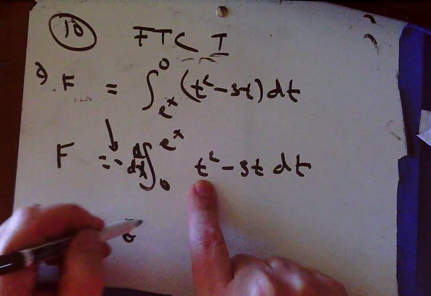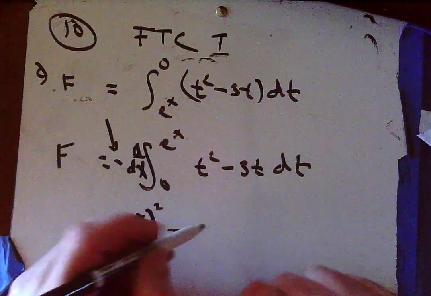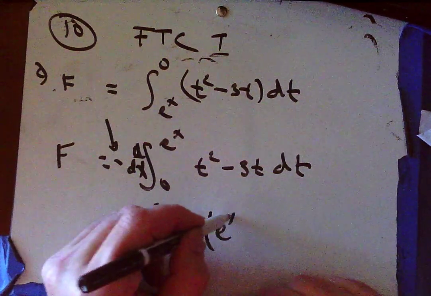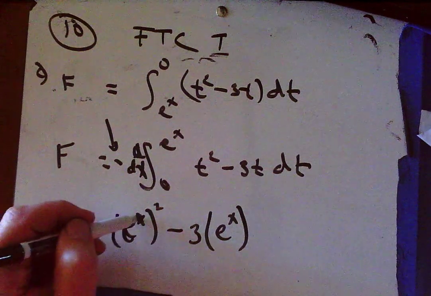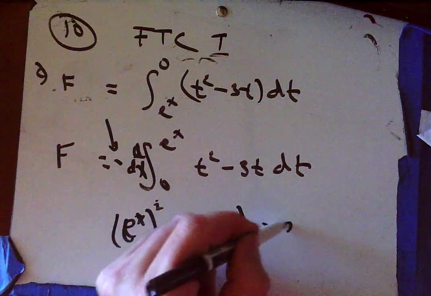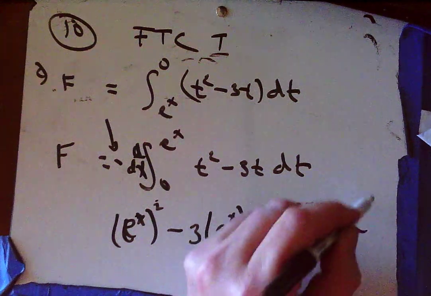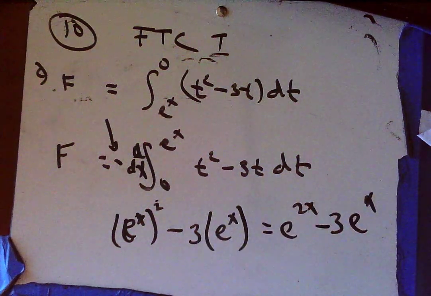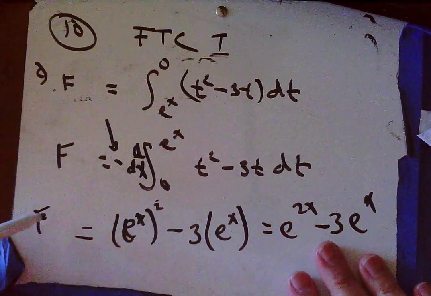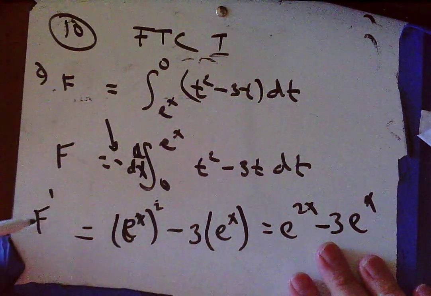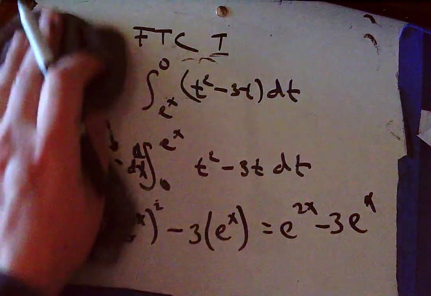So it's going to become e to the x squared minus 3 times e to the x. And so raise the power to a power and multiply them: 2x minus 3 e to the x. All right, there's big F prime. Took the derivative of an integral.